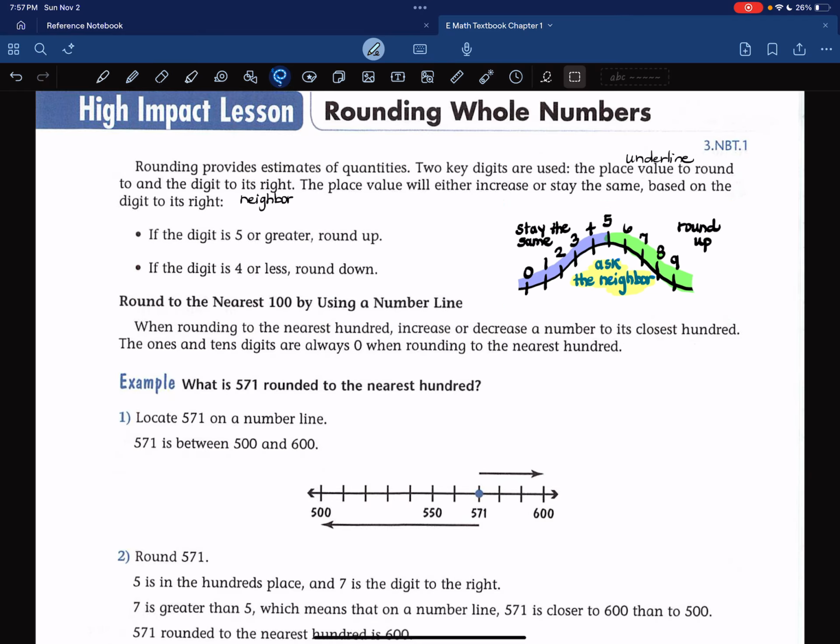It'll either round up or stay the same based on the neighbor, on the digit to the right. If the digit to the right is 5 or greater, so if the neighbor is 5 or more, round up. If the neighbor is 4 or less, round down. And we're calling that stay the same.